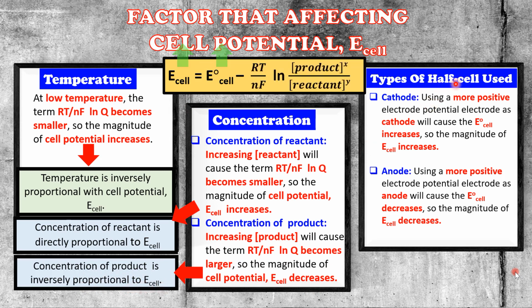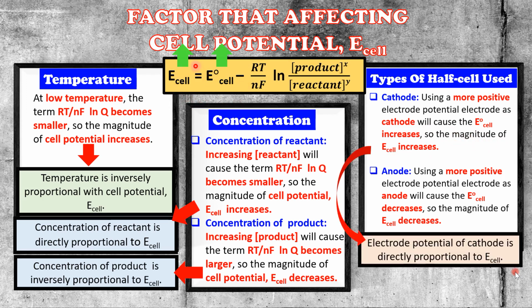Okay, in terms of type of half cell used, in terms of cathode, using a more positive electrode potential electrode as a cathode will cause E0 cell to increase. E0 cell will increase, so the magnitude of E cell will increase. So we can conclude that the electrode potential of the cathode is directly proportional to E cell.